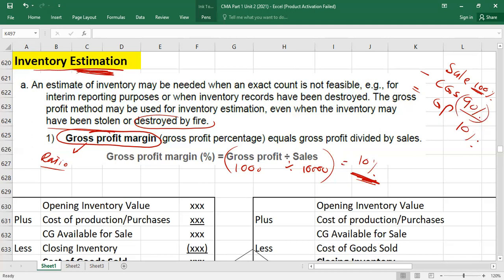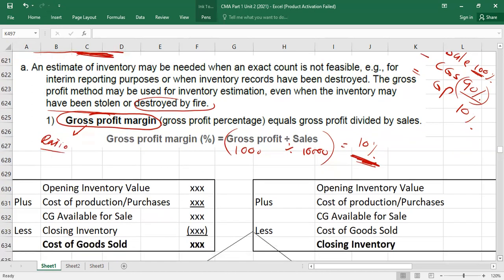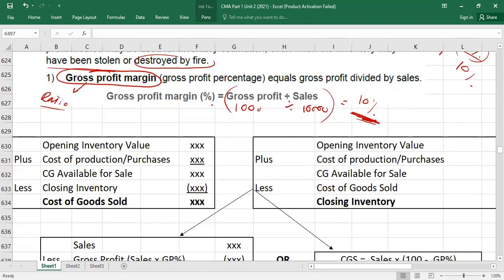But the point is how to get the value of ending inventory by using the GP percentage. It's not rocket science. It's a very simple thing. So you know the normal equation, the short equation for cost of goods sold, not the detail which we have discussed.